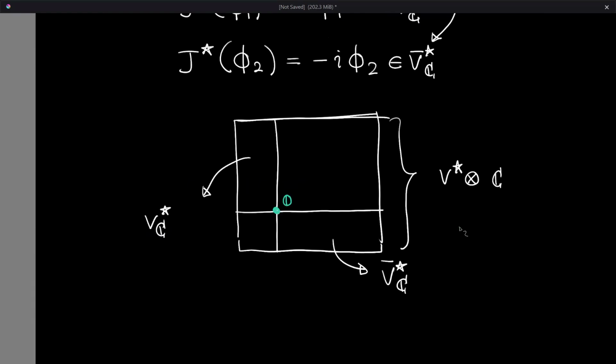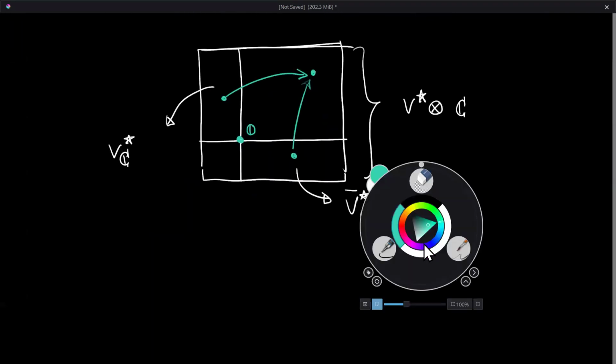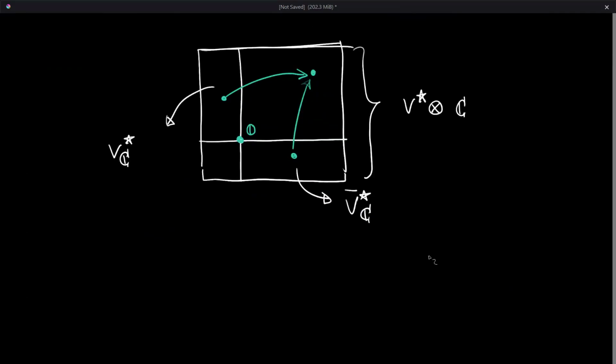If we wanted to get to any point here, we could always add a point from each of these, and adding them would get us to any point here. So you could think of it as acting like a basis for the entire set.